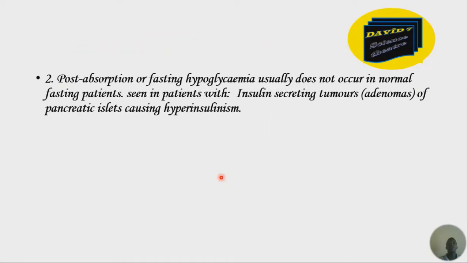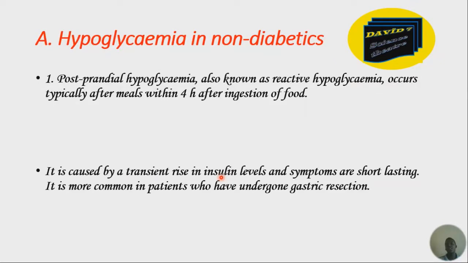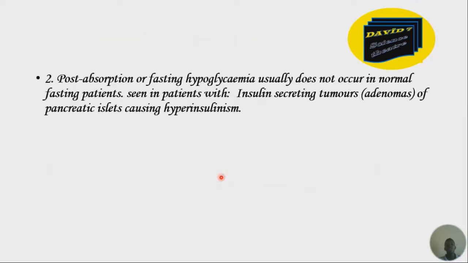Let's talk about the second, post-absorption. This is also another form of hypoglycemia in non-diabetics. The other one was postprandial. This is post-absorption, after absorbing food, or fasting. Hypoglycemia usually does not occur in normal fasting patients.